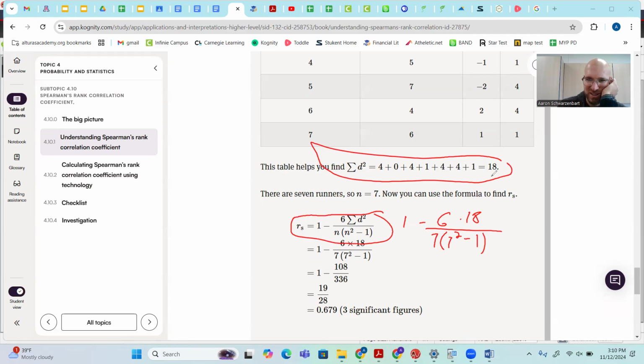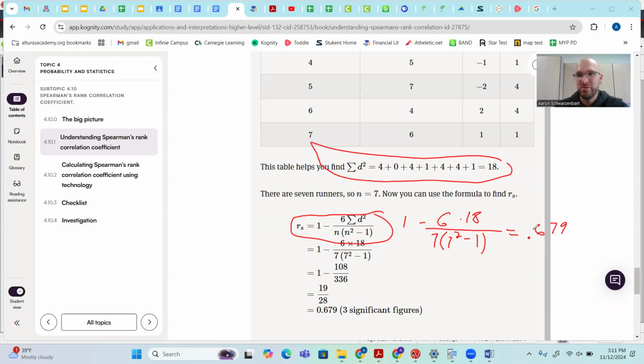The sum of the D squareds is 18; they just added all the numbers in my D squared column. I would just use the calculator, and I jumped straight to 0.679. I'm not going to work out the fraction. Okay, that's a correlation.